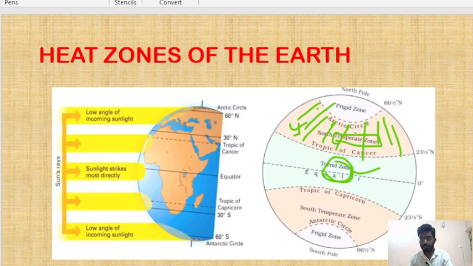In the northern hemisphere, the temperate zone lies in between the Arctic Circle and the Tropic of Cancer. In the southern hemisphere, it lies in between the Tropic of Capricorn and the Antarctic Circle. And the place in between 66.5 north latitude and 90 degrees receives very little sunlight from the sun.